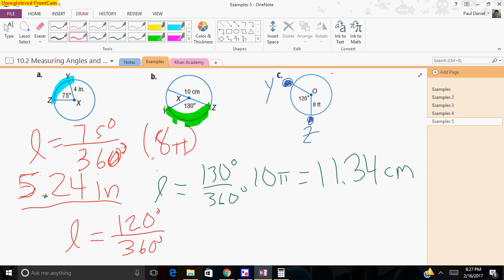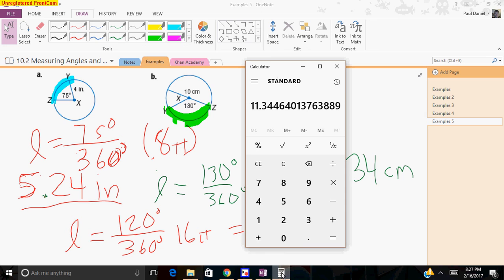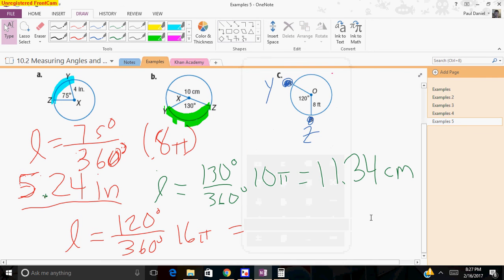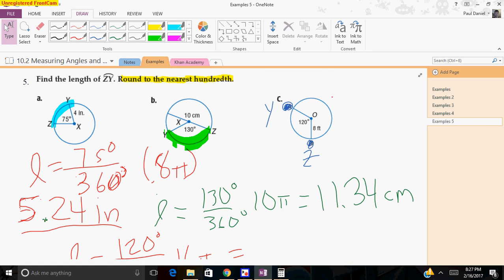So remember that's going to be, in this case, 2 times pi times the radius, or 16 pi feet. So I'll do 120 divided by 360 times 16 times pi. And I get 16.76 if I round it. Feet.